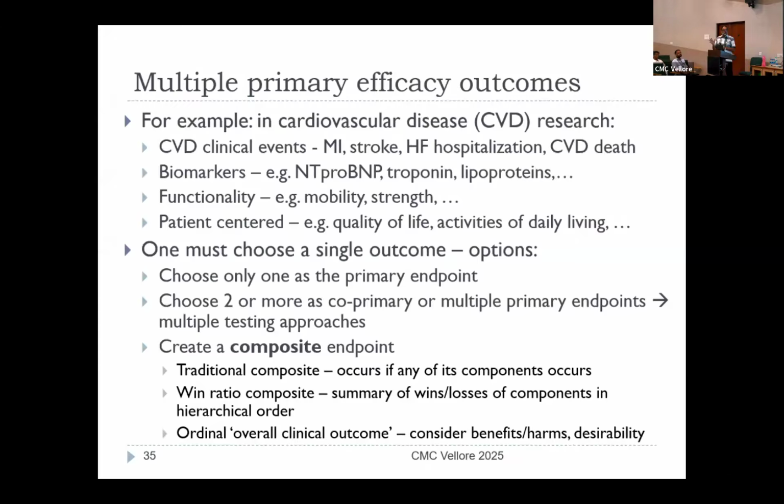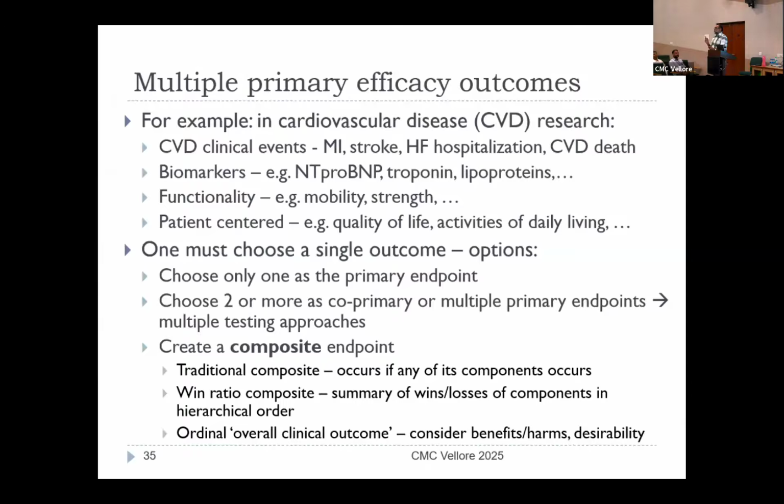So you have options. You can choose one as a primary because that's what is required. You can choose 2 or 3 more and call them, well, these are my multiple primaries. Or some people use the term co-primary, okay? Well, how many multiple primaries are you allowed? 2, 3?